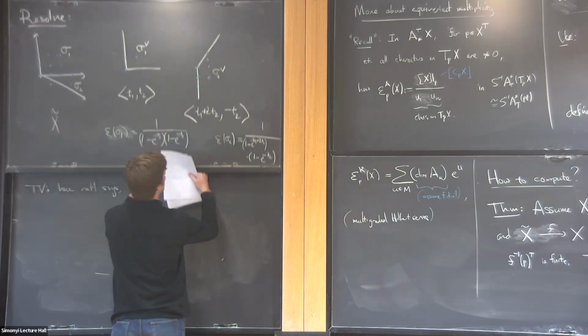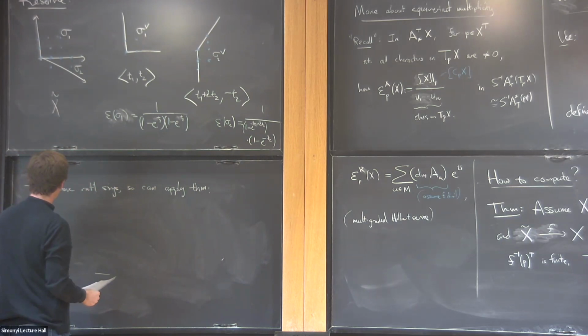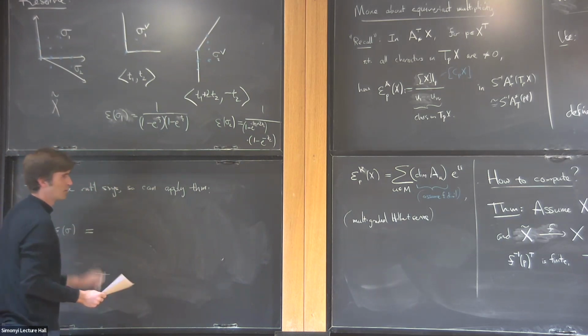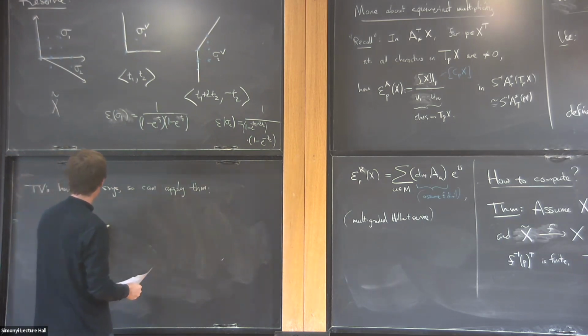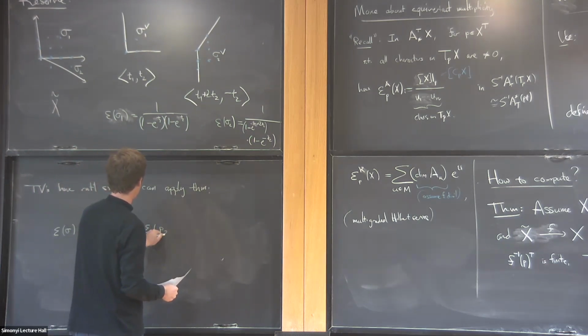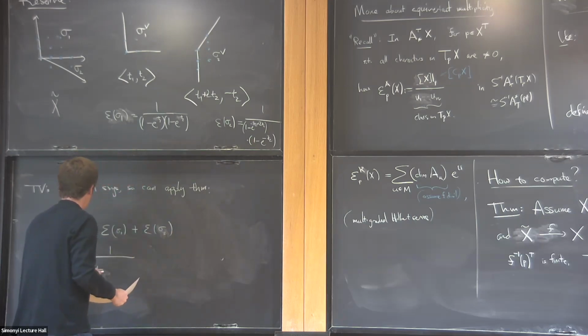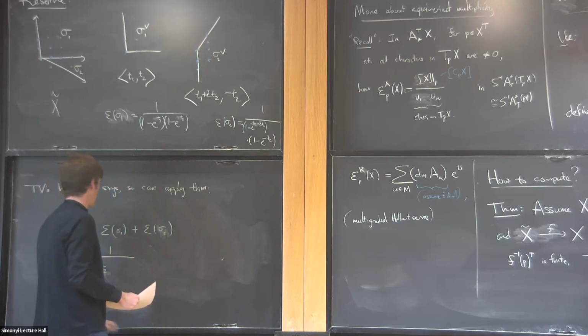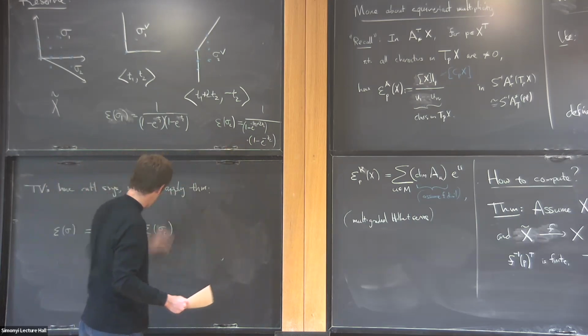So apply the theorem, and the theorem says that the graded Hilbert series I was trying to compute is equal to the sum of these two rational functions, this one and this one.